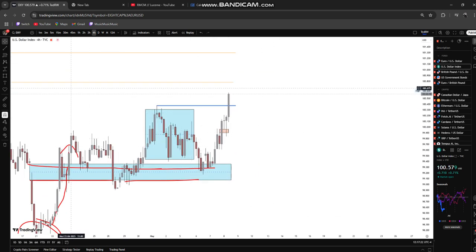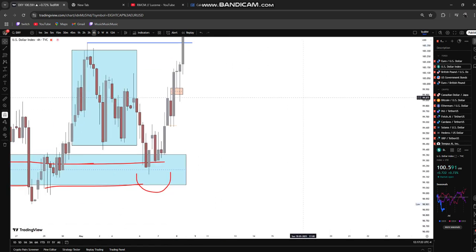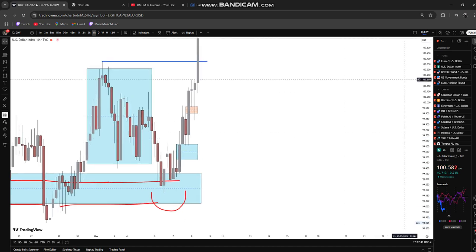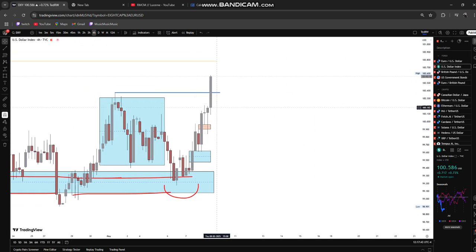And then we've got this manipulation to the downside here, where we can say more likely than not, low of the week for the dollar index is going to be in when we get this confirmation that market participants have shown intent to put prices higher from the parameters left behind from this manipulation. And when we get this, that's simply where we're just market executing either EURUSD or GBPUSD, depending on which is the most favorable pair.